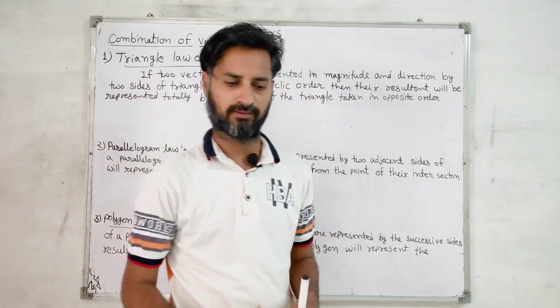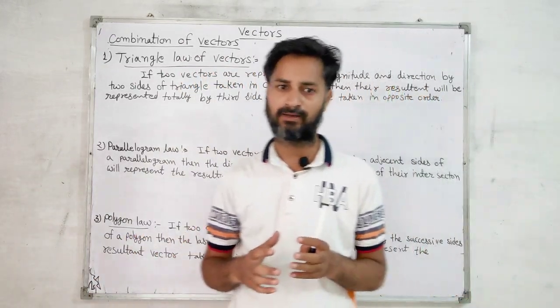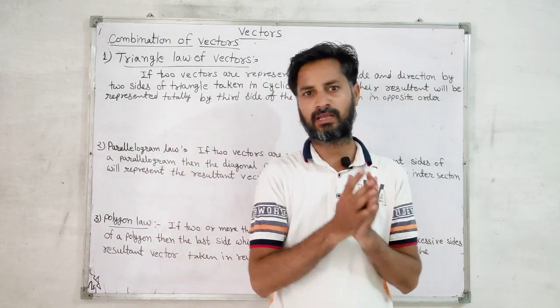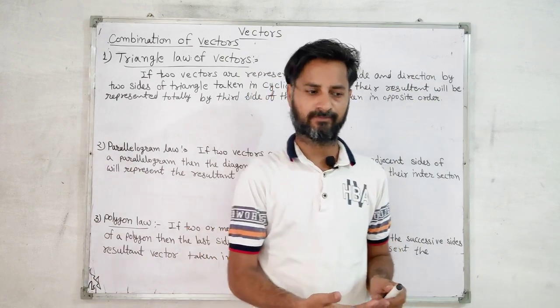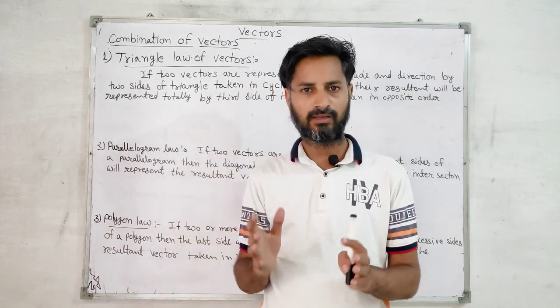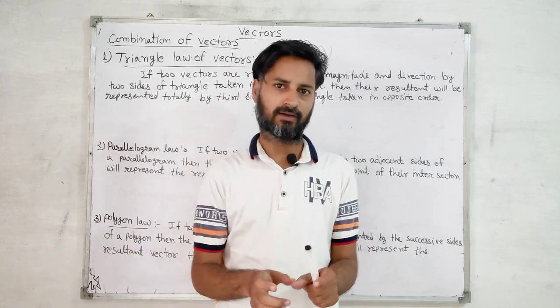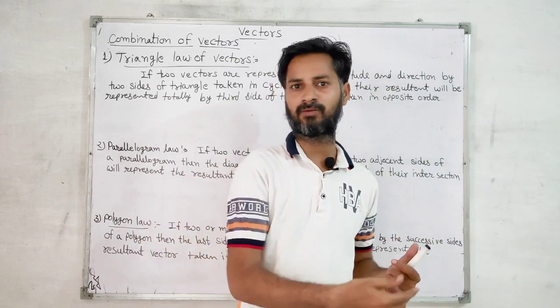Combination of vectors. Before combining two vectors, we have to know that we can displace any vector without changing its direction, and vector addition can only be done for the same physical quantity, like a velocity vector can be added to a velocity vector.